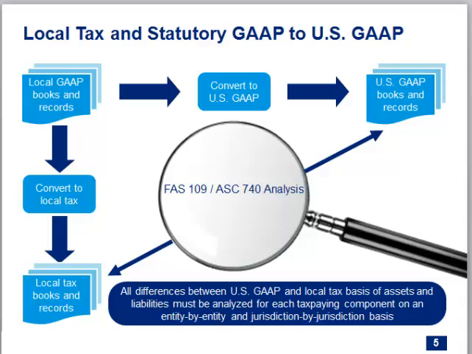And so one strikingly fundamental thing is, when you're talking to your colleague outside the US about the provision, the first thing you need to know is, when you say provision, are we both talking about the P&L expense? And then, are we both talking about US GAAP or whatever their local reporting requirement is? And it is amazing how many times when you're talking to that UK colleague, they're thinking of their financial statements.